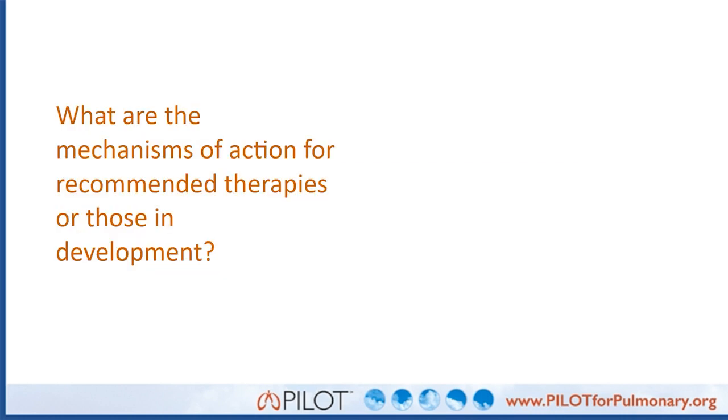So in terms of the mechanisms of action of recommended therapies or those that are in development, we talked about a number of these medications. Hypertonic saline, although people initially thought it was enhancing mucociliary clearance by restoring airway surface liquid, we've since learned that it probably is doing more to hydrate the phlegm, to give it more flowable properties to be able to clear, but also to induce cough clearance to try to move these secretions further along.